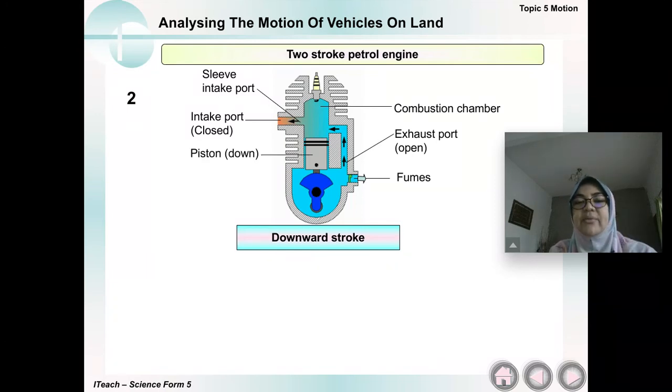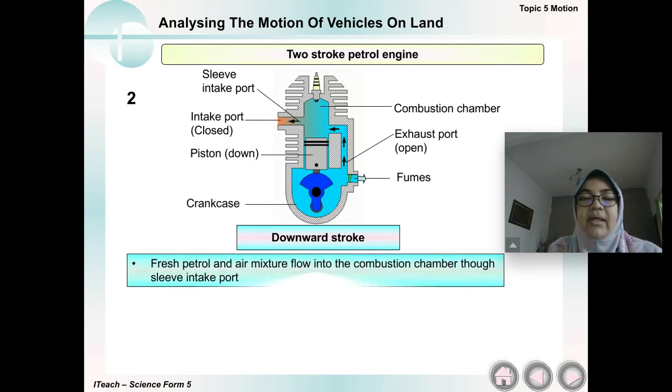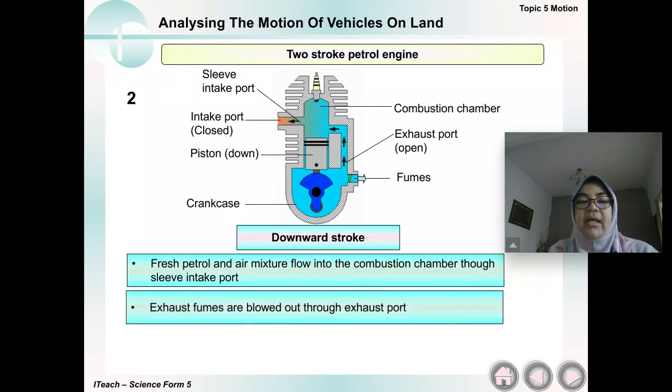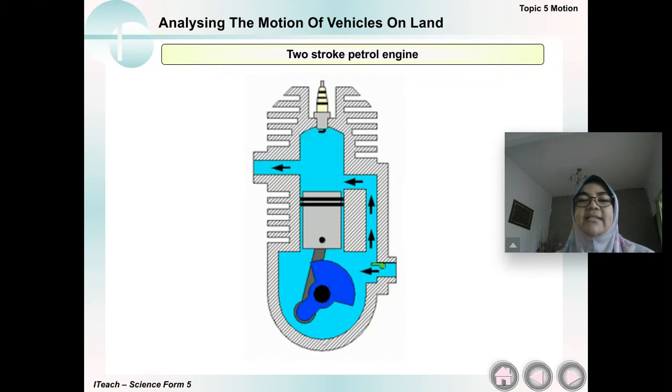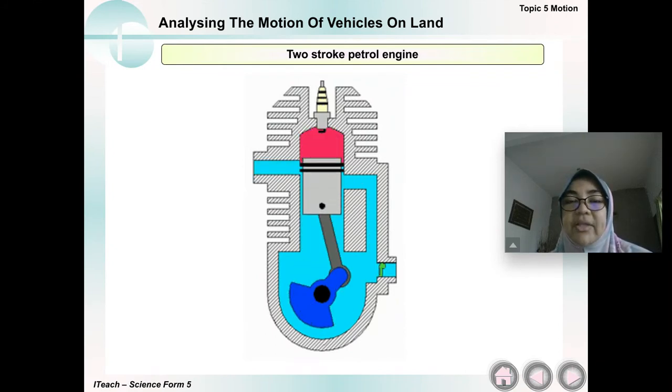Okay, piston down. Okay, so fresh petrol and air mixture flow into the combustion chamber through sleeve intake port. Exhaust fumes are blown out through the exhaust port. Okay, so perhatikan, this is the two-stroke petrol engine.